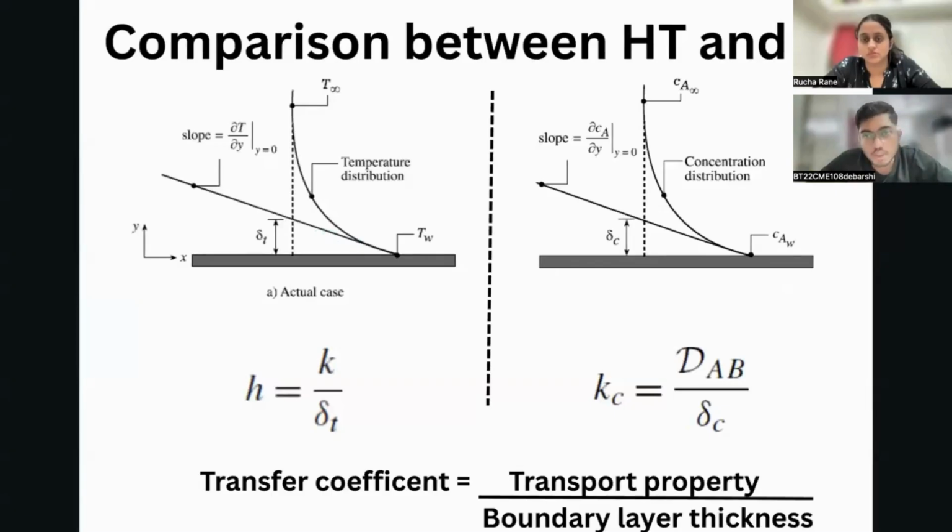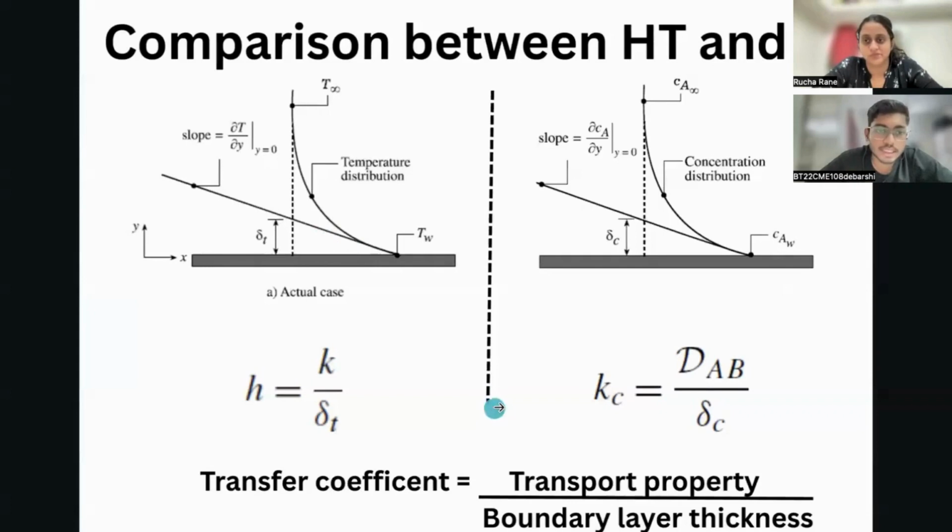In both cases, we assume there is a film of thickness delta T for heat transfer and delta C for mass transfer. We are assuming there is a thickness at the interface. It will have some resistance. That resistance can be used for the physical significance of the transfer coefficient.